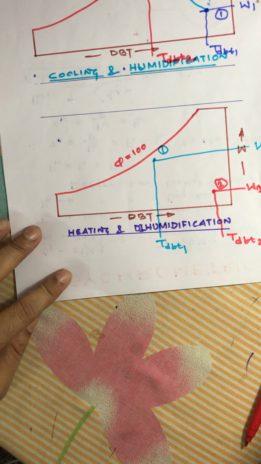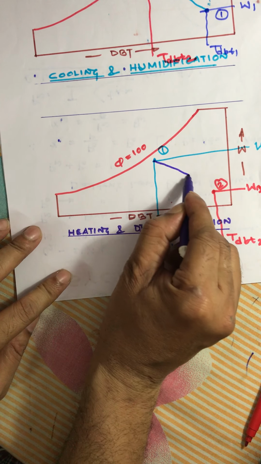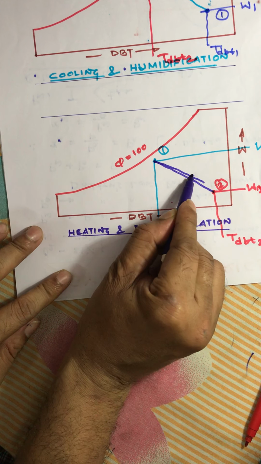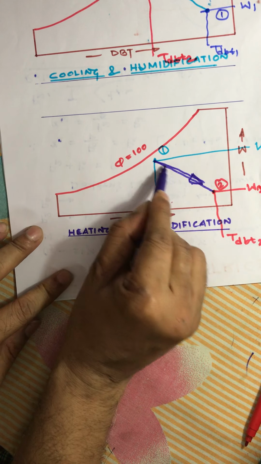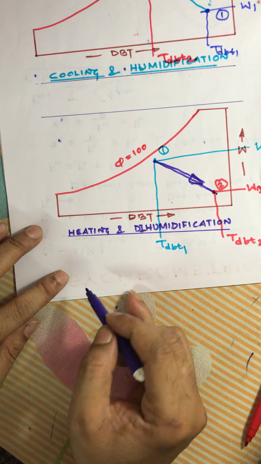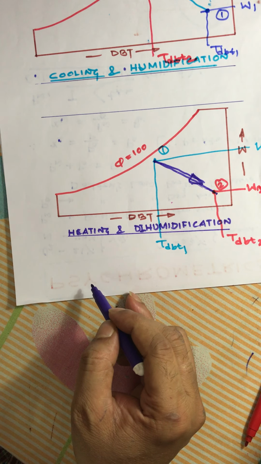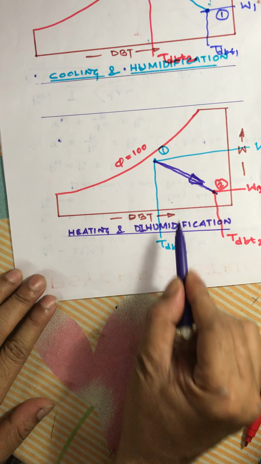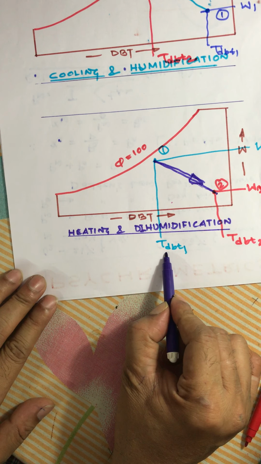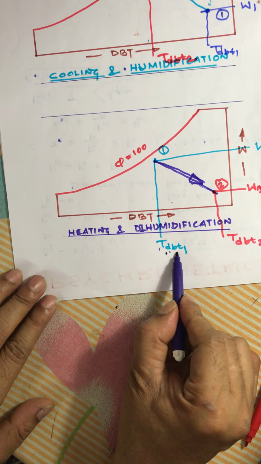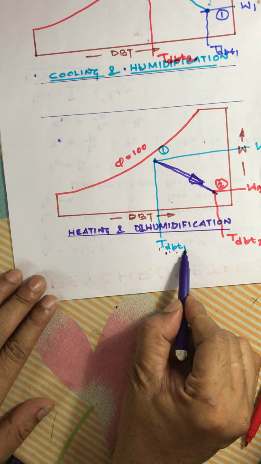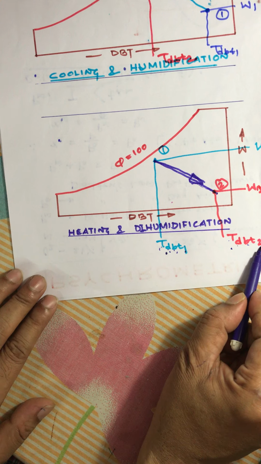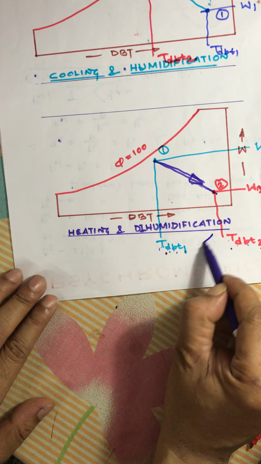So, we can say this 1 to 2 process is heating and dehumidification. You can see the temperature at the initial state was T dry bulb 1 and the final state temperature is T dry bulb 2, which is definitely greater.